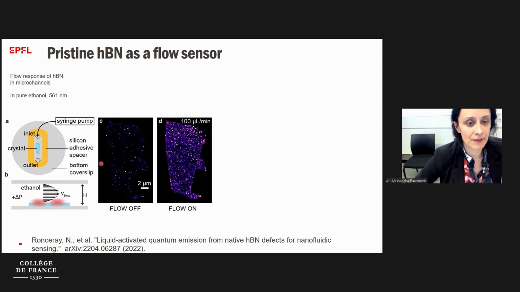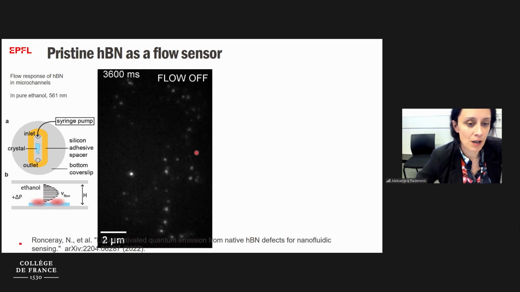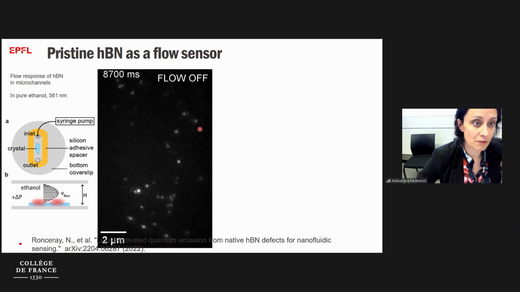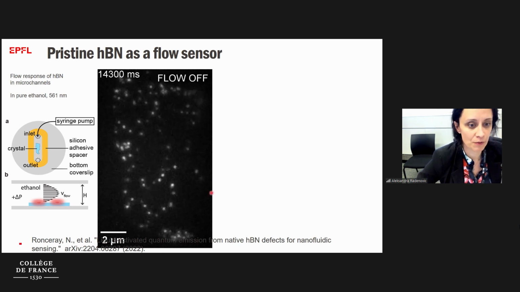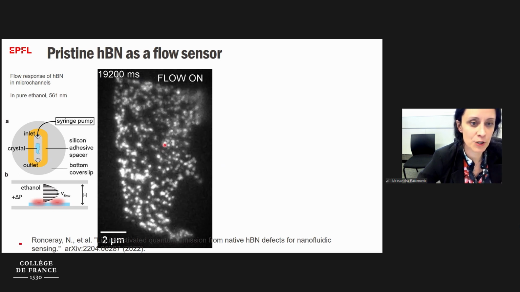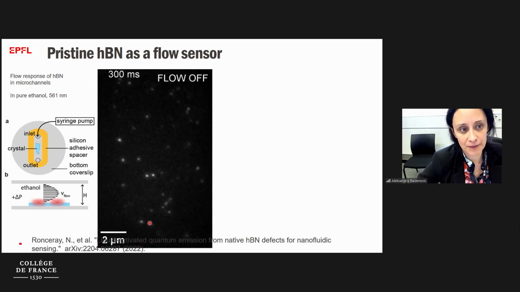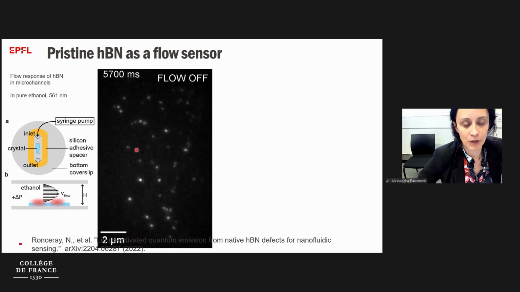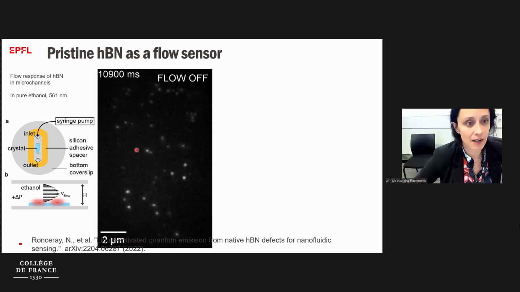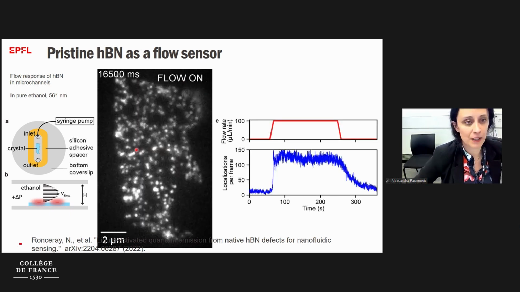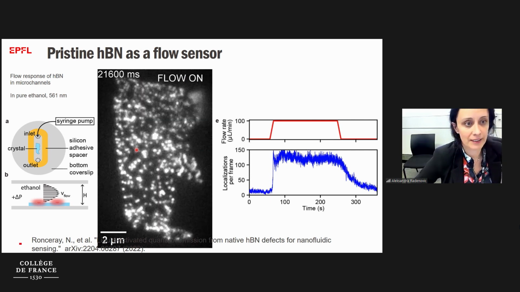By applying the flow, we can see again a stark difference in the number of emitters per square micrometer when the flow is off or on. This is even more striking if you look at the videos used for reconstruction of these images. At the beginning of the movie the flow was off, and when we turned the flow on, I hope you can observe a really stark increase in the number of optically active emitters.